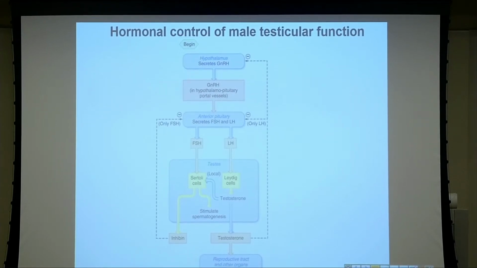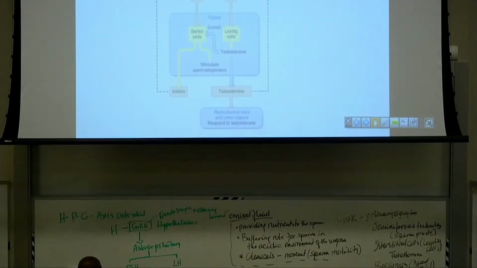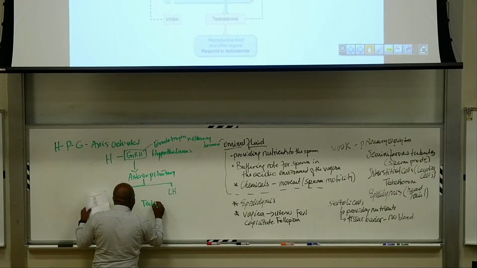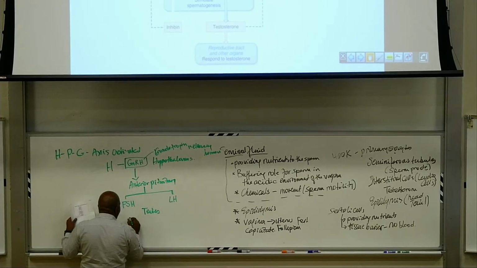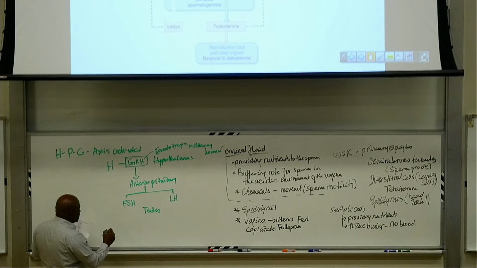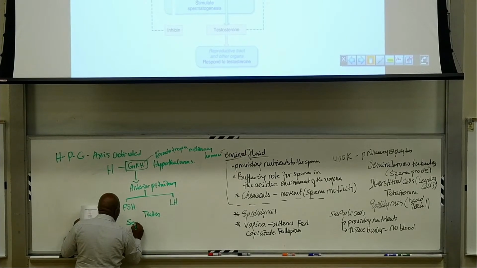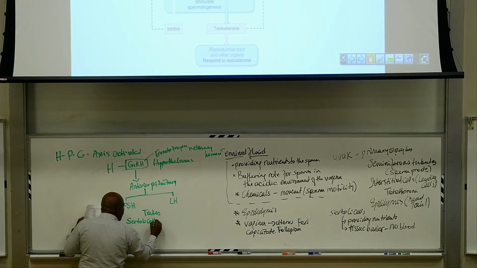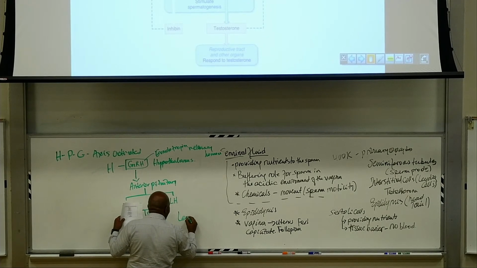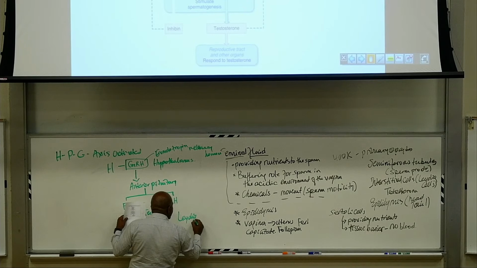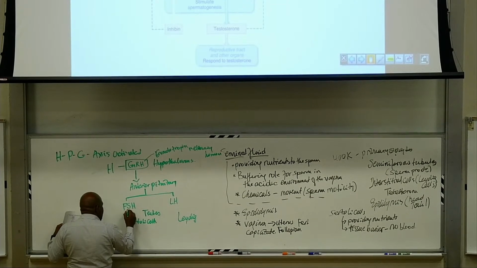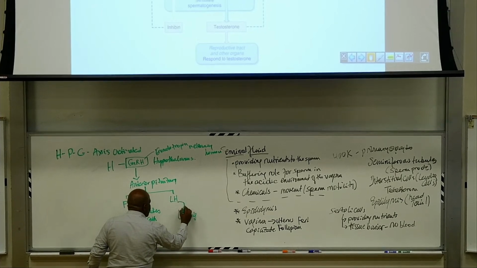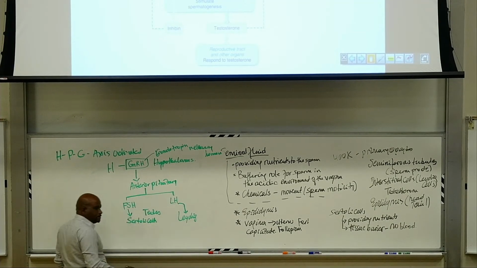So these hormones act on the testis. In the testis, we have two types of supporting cells: the Sertoli cells and the Leydig cells. At puberty, the FSH acts on the Sertoli cells, and the LH acts on the Leydig cells.